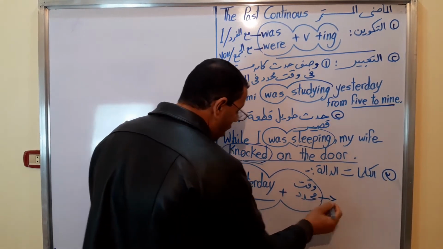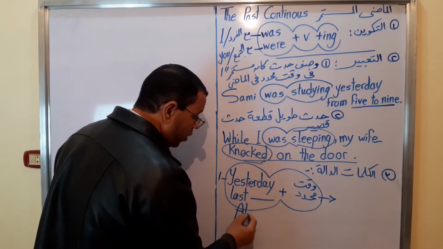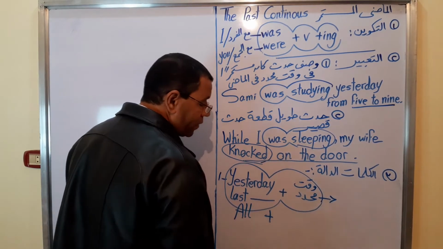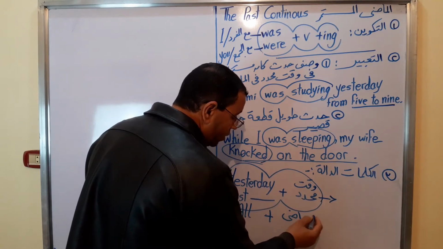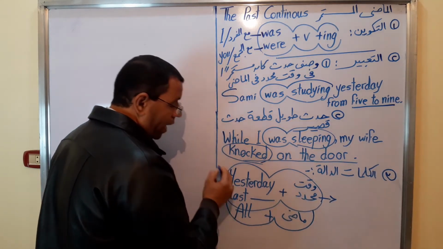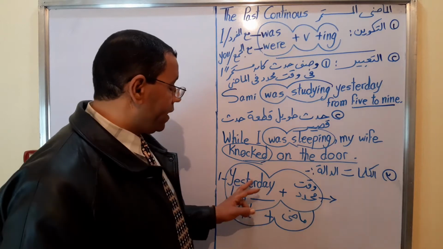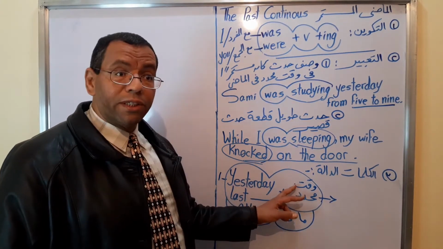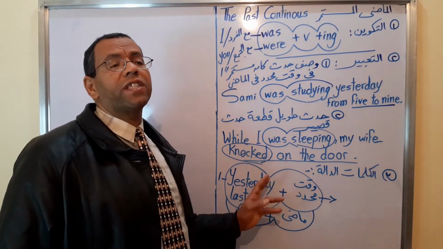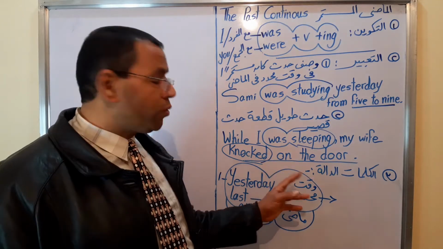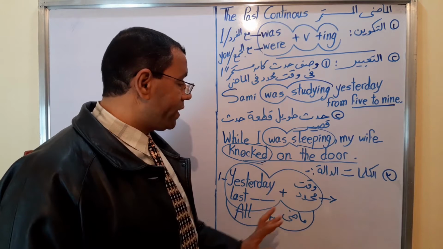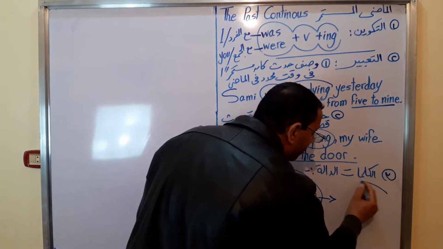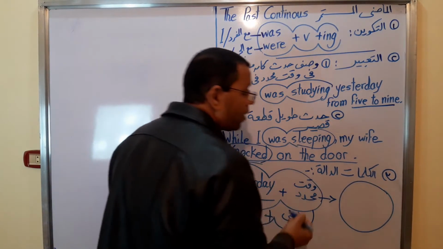We have all plus a past word. We have yesterday plus a limited time: yesterday at 7, yesterday from 10 to 12, last Monday evening, all last night.